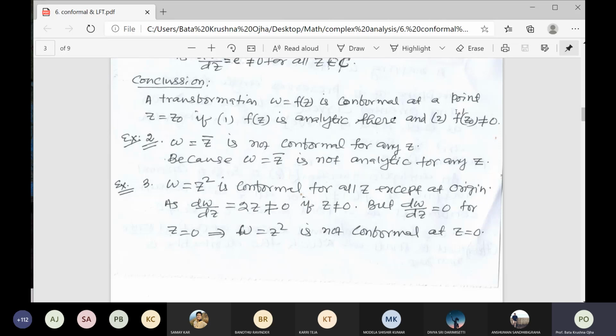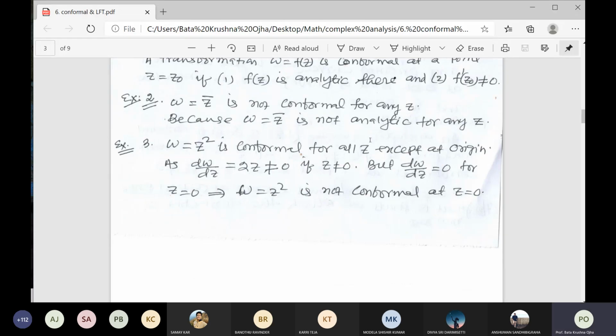So the first part is over. Second part, the derivative dw by dz is equal to 2z, which is equal to 0 for z is equal to 0. That is, the first derivative is 0 at z is equal to 0. Therefore, this mapping is not conformal at the origin. But w is equal to z square is analytic everywhere, and conformal everywhere besides the origin.